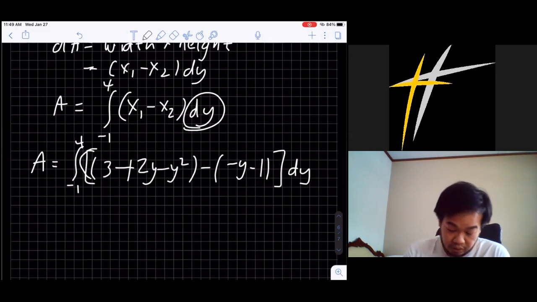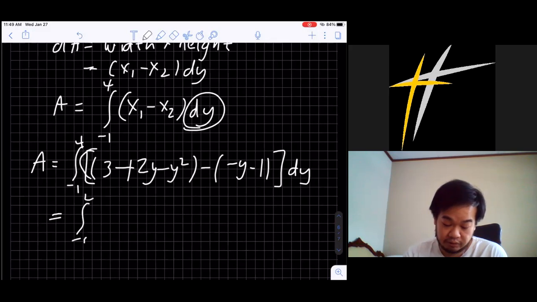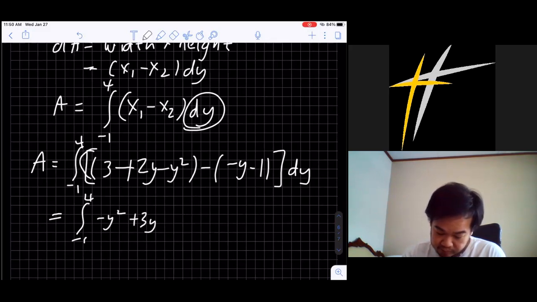Okay, so this is just as usual, negative 1 until 4. Then you have negative y squared plus 3y plus 4.